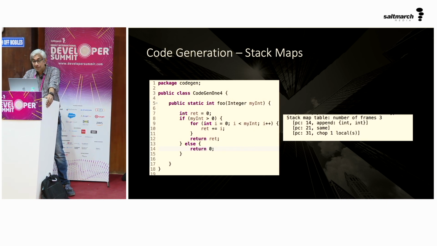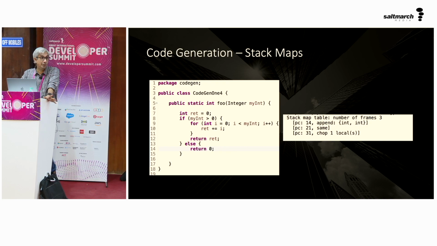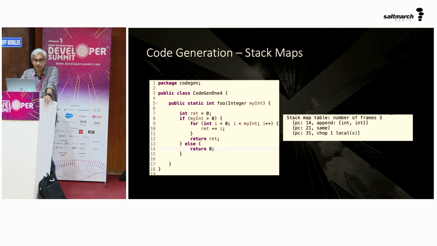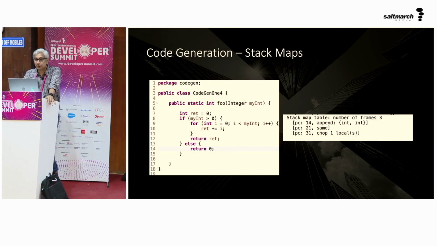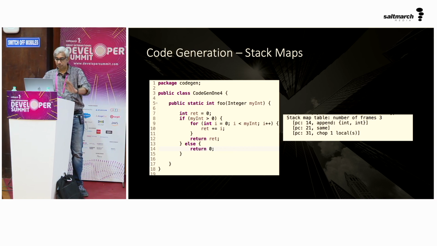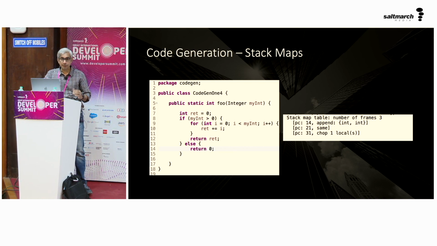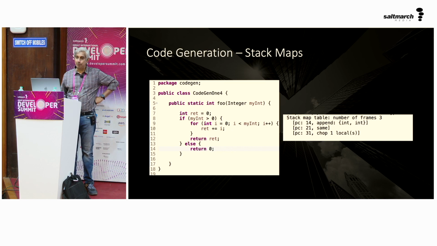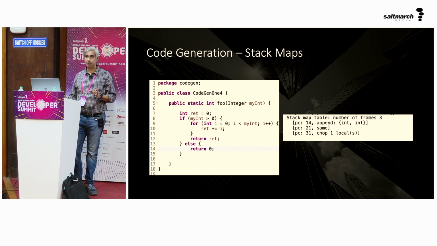That is stack maps, which is like a verification stuff. I'll not go into the real details of it, because when you run the program, the JVM will tell you your program is not correct. Your program has problems.